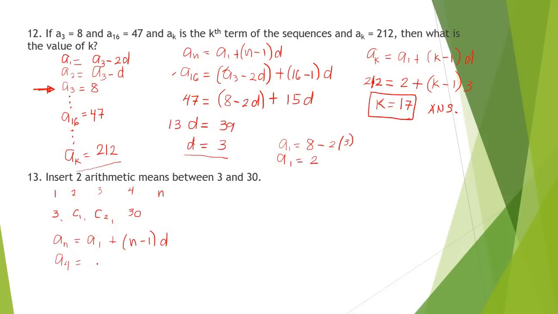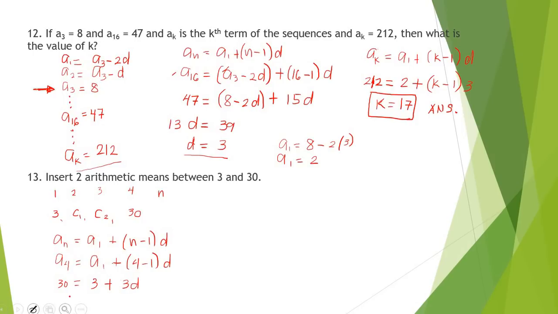A4 is equal to A1 plus 4 minus 1 times D. So substituting the known values, we have 30 is equal to 3 plus 4 minus 1, which is 3D.